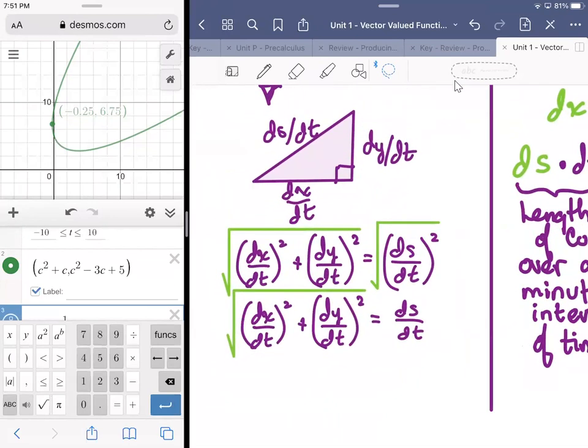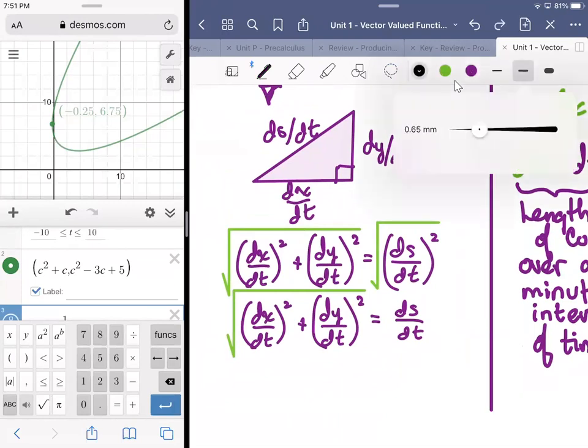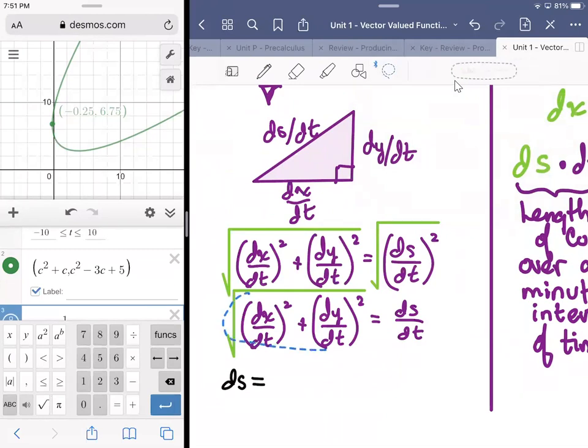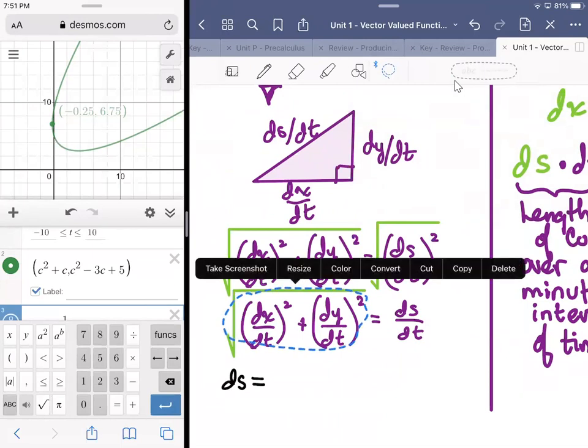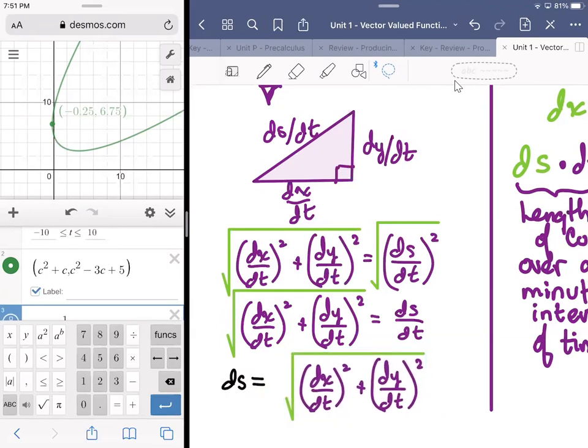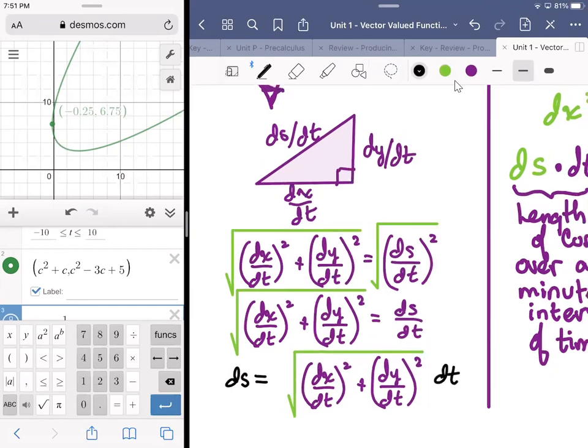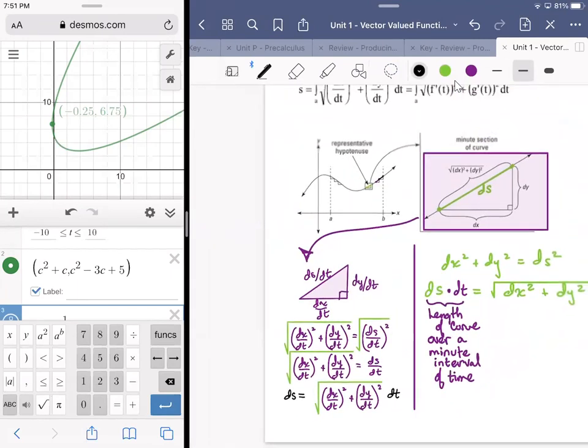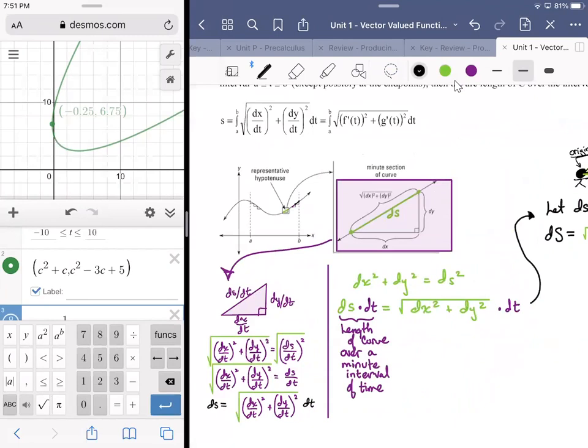So if I want ds alone, I would just multiply both sides by dt. And let me zoom out a little bit, and you'll see that that's pretty much what we have here, except we don't have the integral.